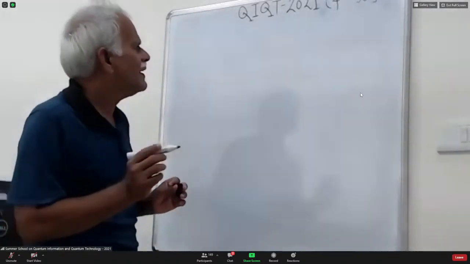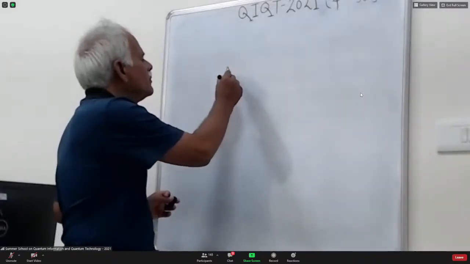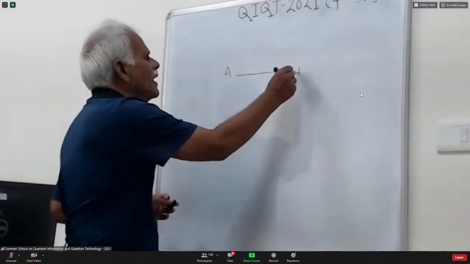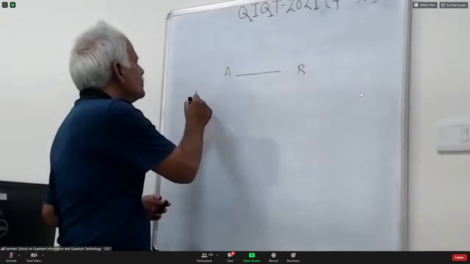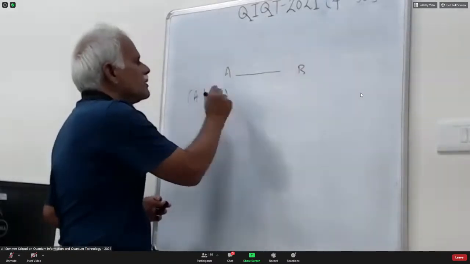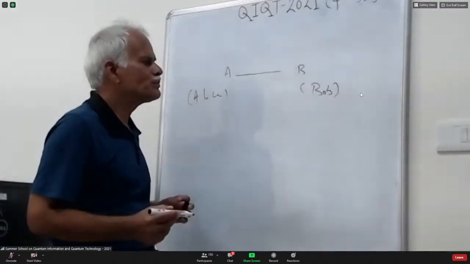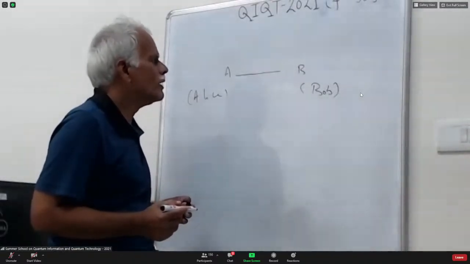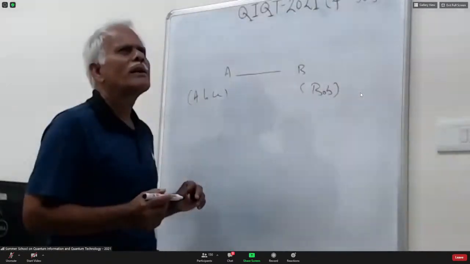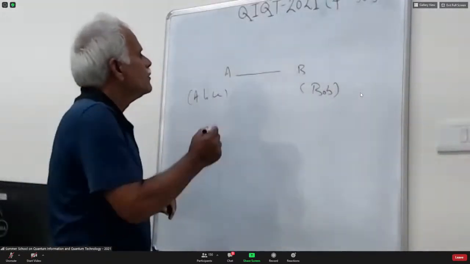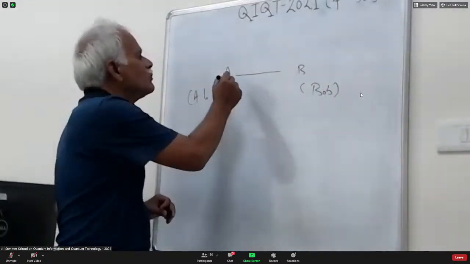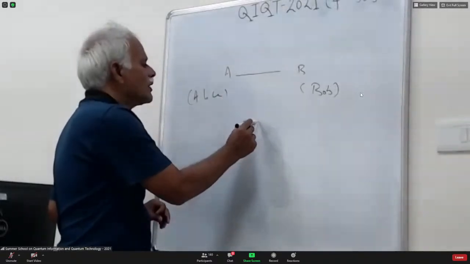So first of all, there are Alice and Bob. We name them A and B, Alice and Bob. Now, these lines are called an entangled channel. It could be a singlet state, for example.